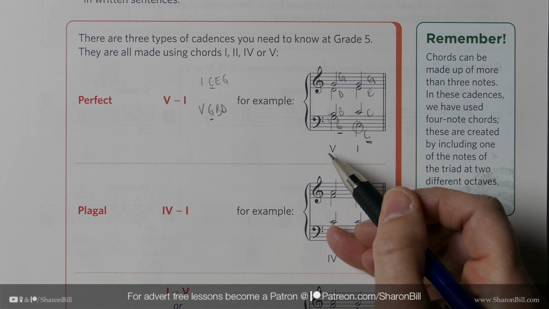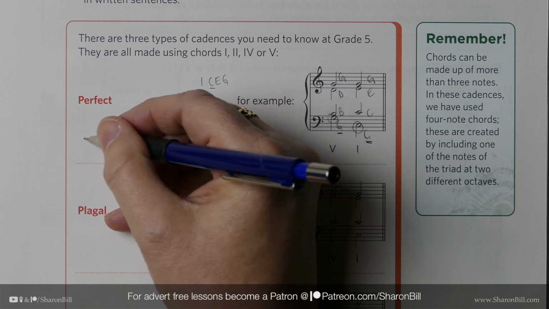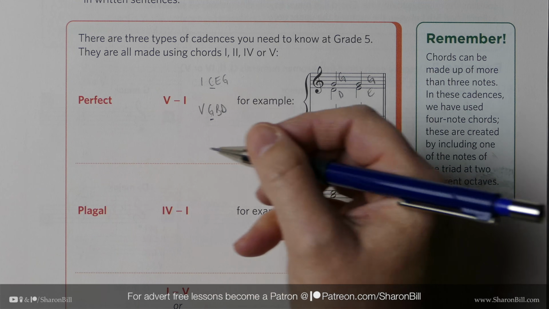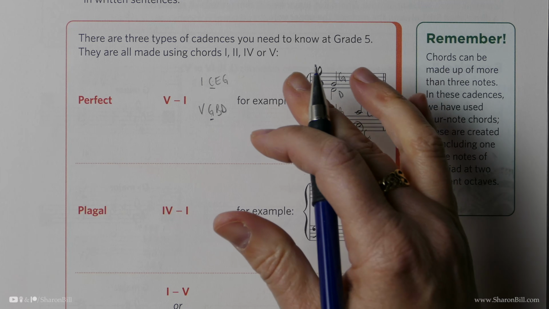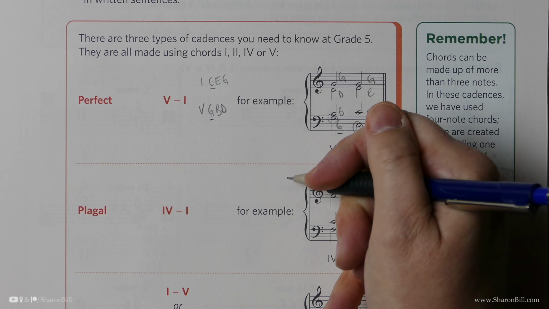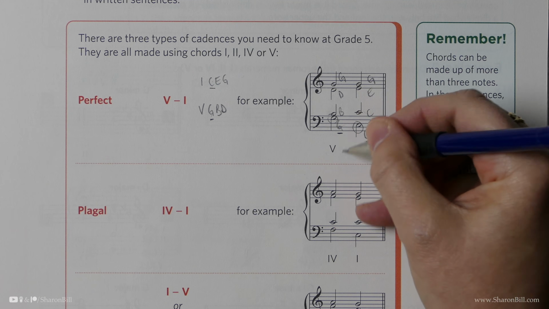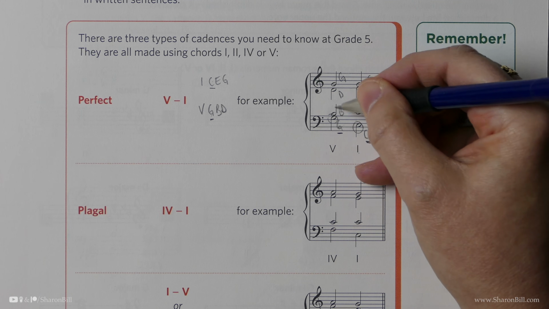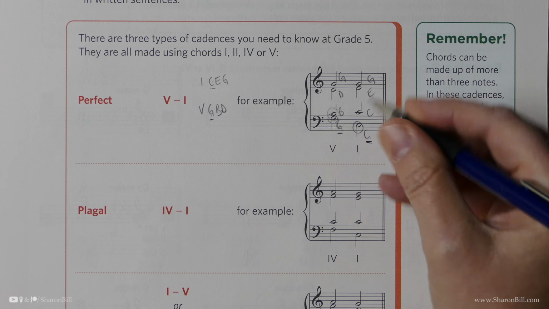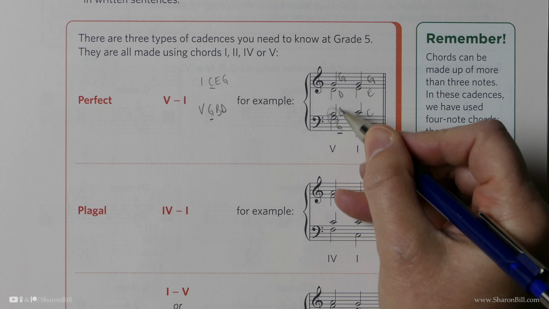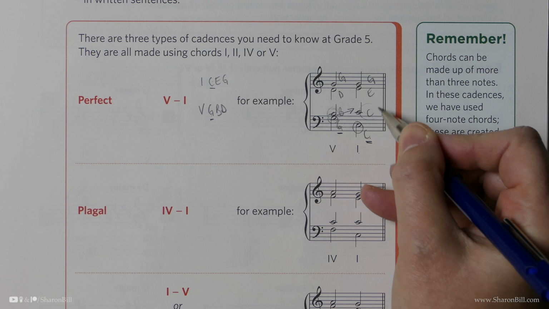And here we have chord 5-1, which is called a perfect cadence, and that's the most final sounding chord. If you play that, it's kind of a ta-da, finished, hey presto, this is the end of the section or the piece. Because chord 5 has got the 7th degree of the scale, it's got the leading note. The leading note always leaves us hanging and pulls. It's got to rise to finish on the tonic.